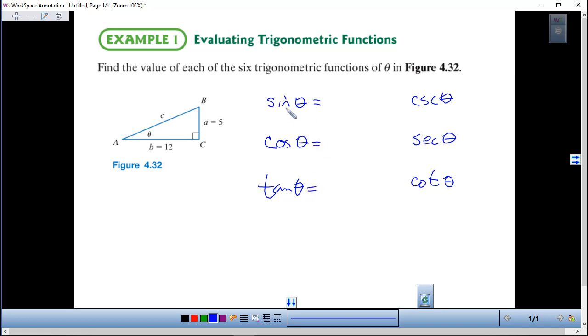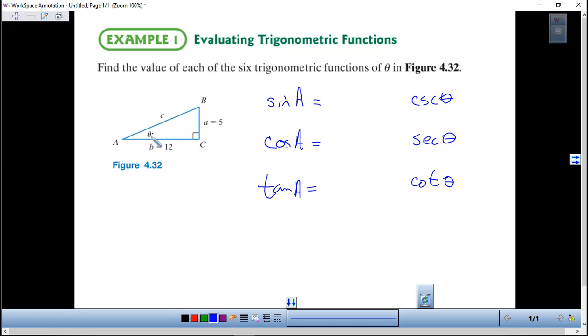Now, sine, remember, is the opposite over hypotenuse. And when you're talking about opposite over hypotenuse, remember, you're always basing opposite and adjacent on what angle you're dealing with. So instead of saying theta here, I'm going to go ahead and say A. And because that's labeled, I could do it with either one.